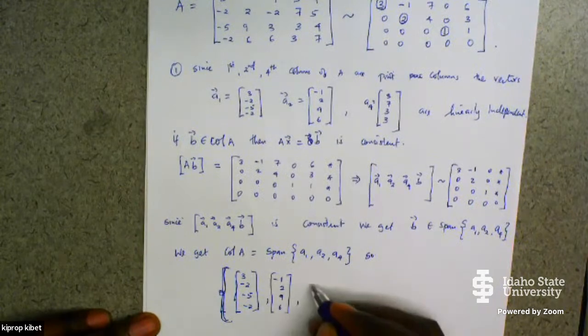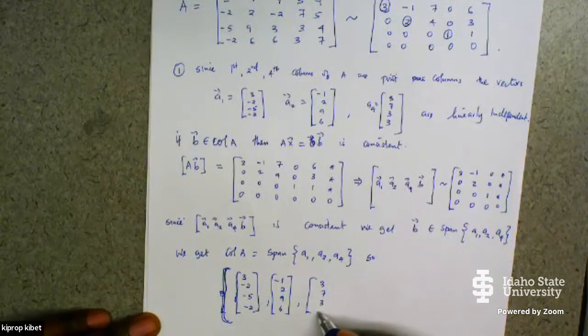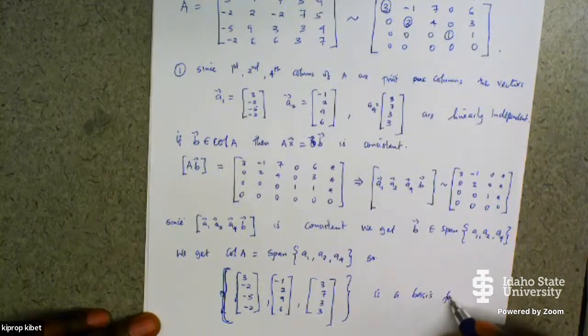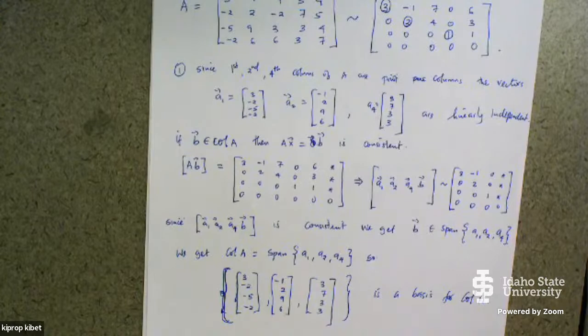And then the one for A4 is 3, 7, 3, and 3. And this is actually a basis for the column space of A. Okay.